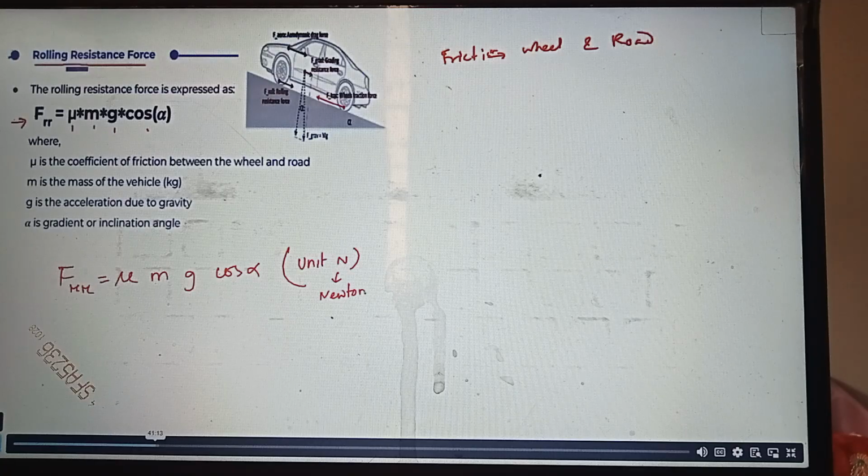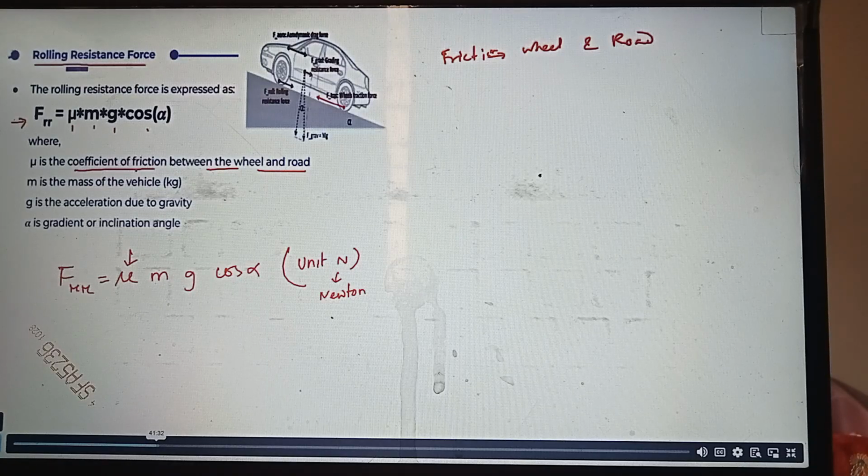Unit of force is Newton. Now, what is the first term? Mu. This mu is the coefficient of friction between the wheel and the road.